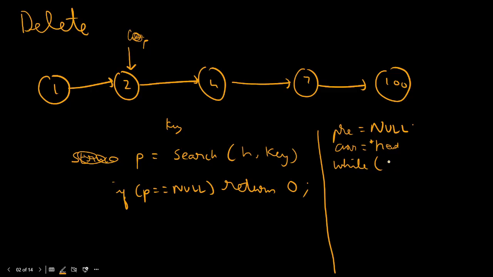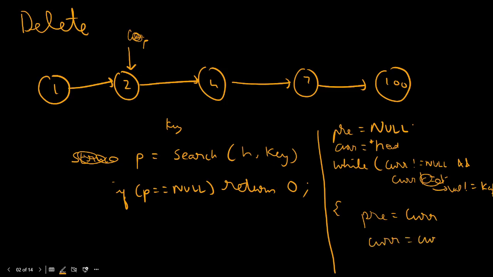While cur not equal to null and cur's value not equal to key. It's going to fail either when the list runs out or when cur's value equals the key. And I'm gonna do pre is equal to cur, cur is equal to cur's next.